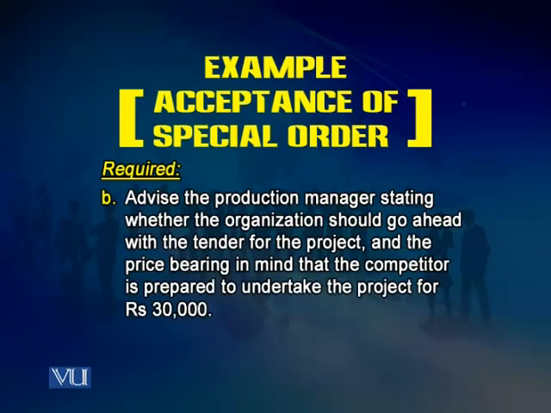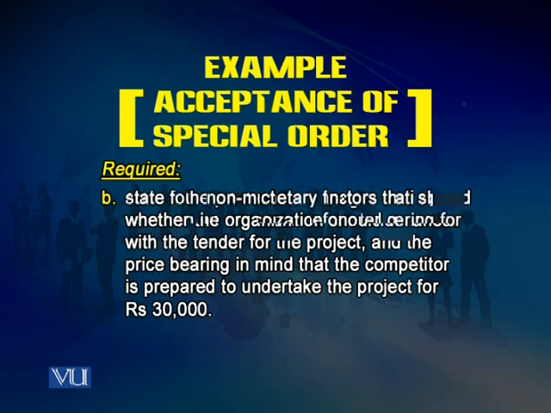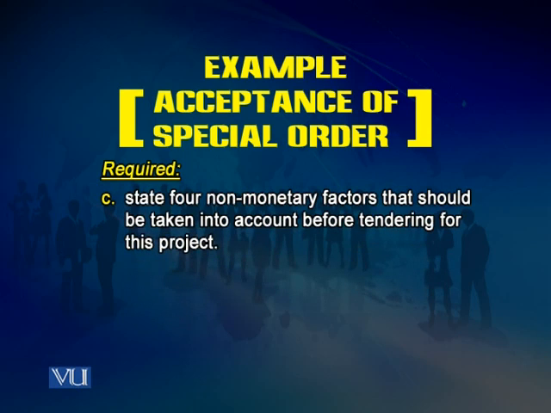Part B. Advise the production manager stating whether the organization should go ahead with the tender for the project and the price, bearing in mind that the competitor is prepared to undertake the project for rupees 30,000. Hence, we have to say whether or not we should go ahead and what price the company should be willing to pay. And thirdly, we are required to state 4 non-monetary factors that should be taken into account before tendering for this project.